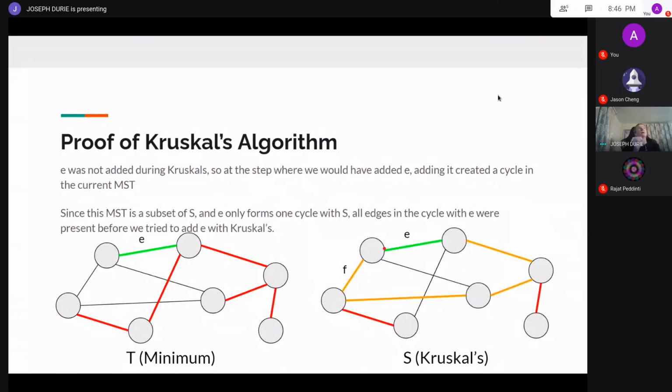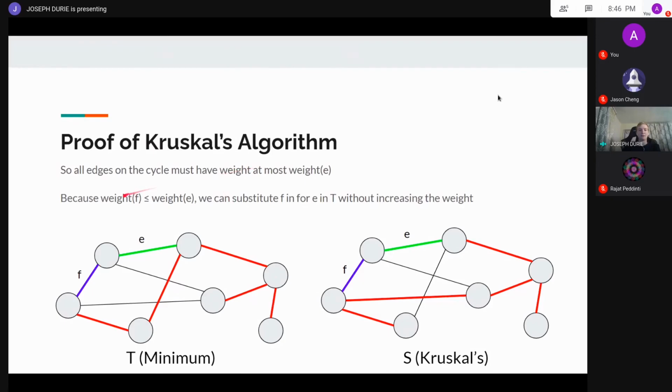So the criteria for all 4 of these edges being there is that their weights had to be less than or equal to the weight of E. So in particular, that means that the weight of F is at most the weight of E, right? Because it's on this cycle, and if the weight of F was greater than the weight of E, then F wouldn't have been there when we tried to add E, so this cycle would not have been complete, and we would have added E to the MST.